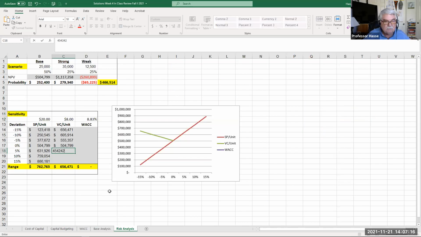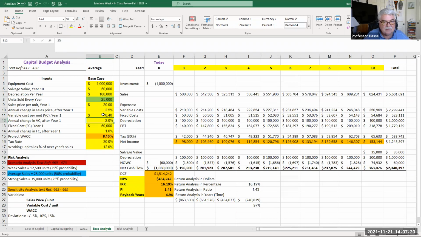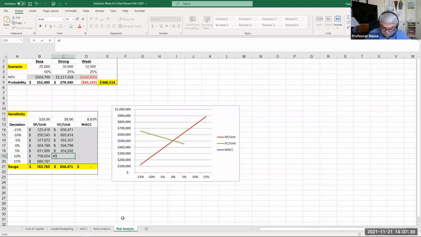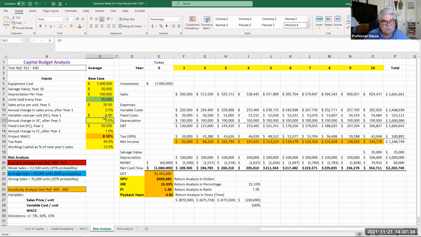Now a 10% increase in variable cost, 1.1, and now it's 403,685. And then finally, a 15% increase in our variable cost, 1.15, up to 353,127.